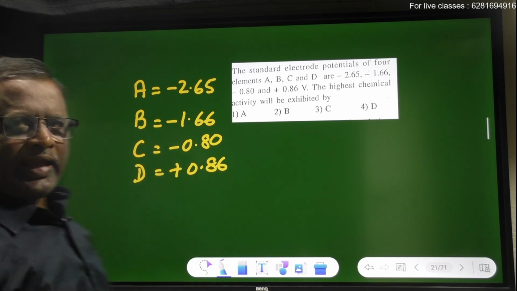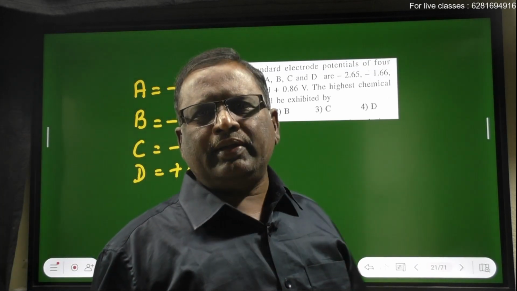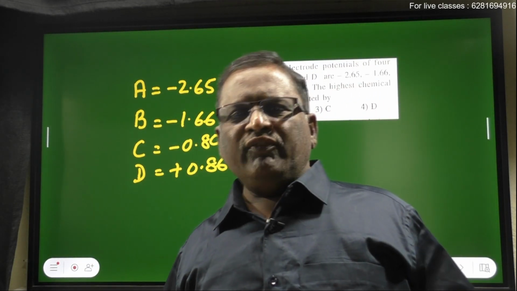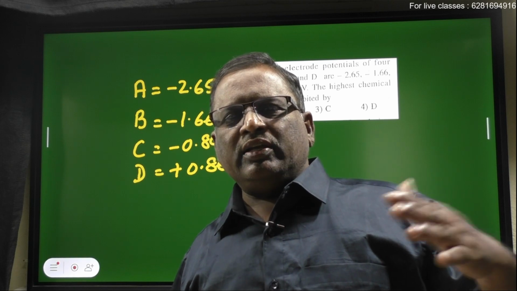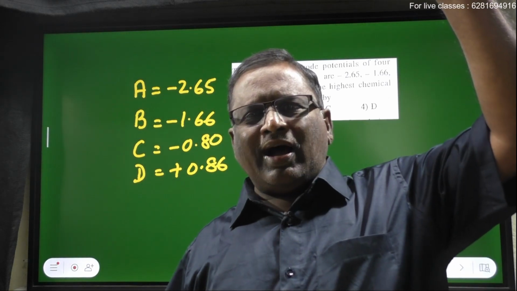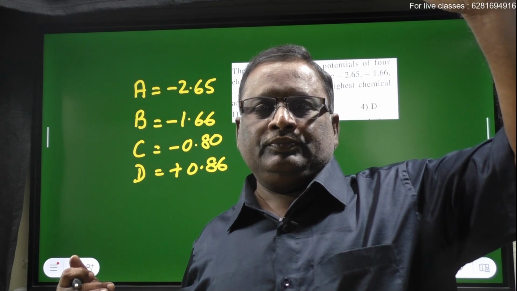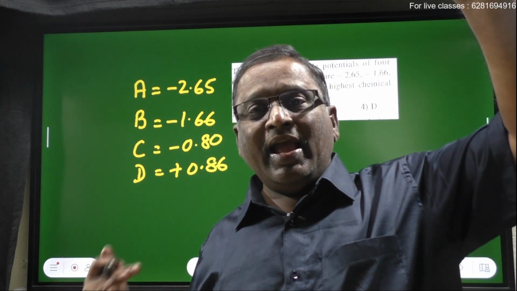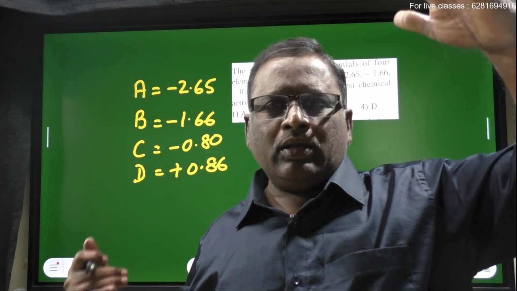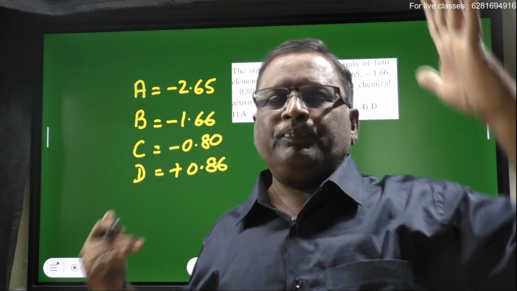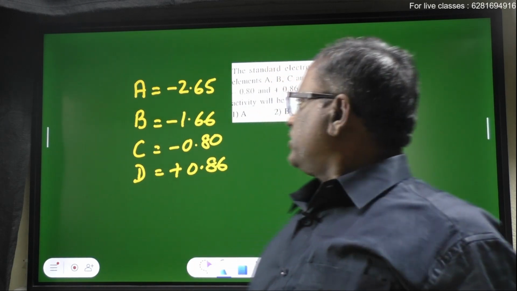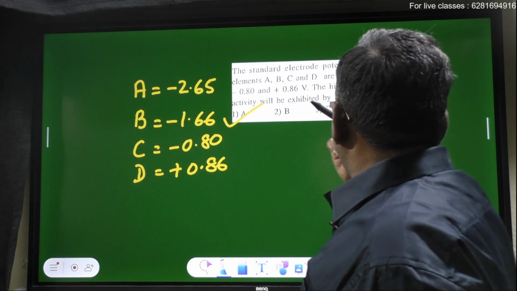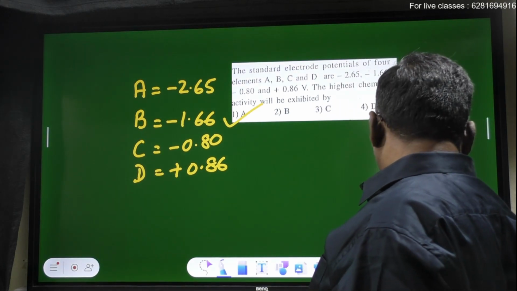An element is chemically more reactive if its reduction potential is too low or too high. So if the potentials are too high or too low, they are more reactive. So here in this case, element A is the most reactive among the following.